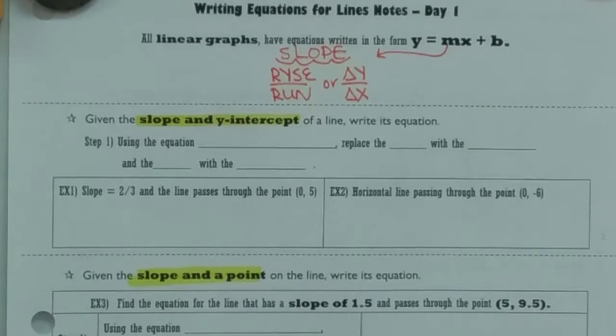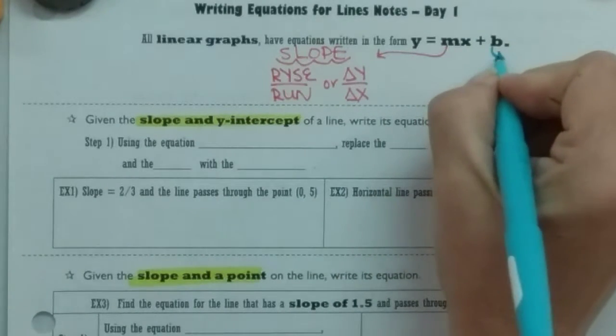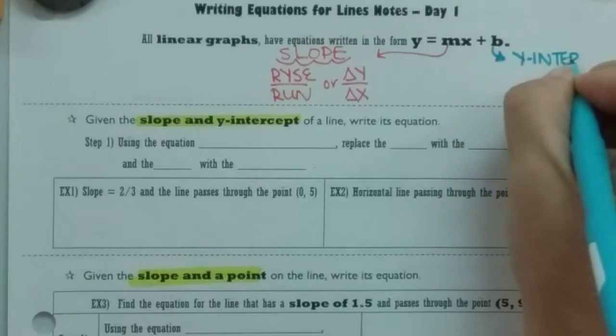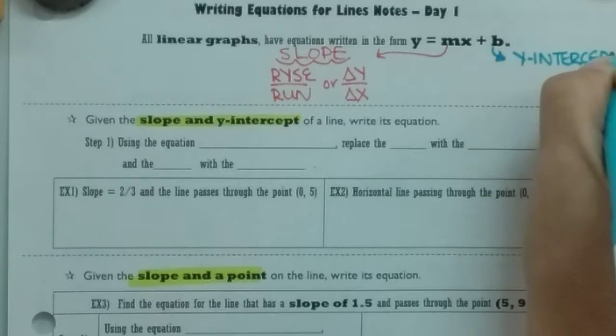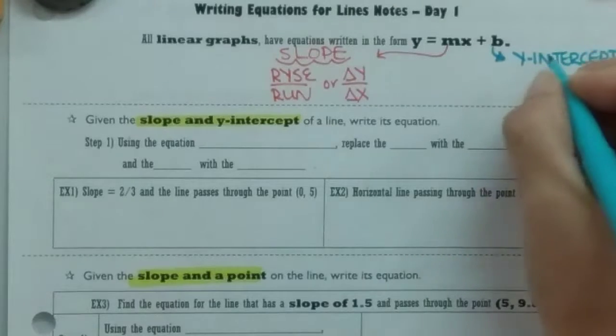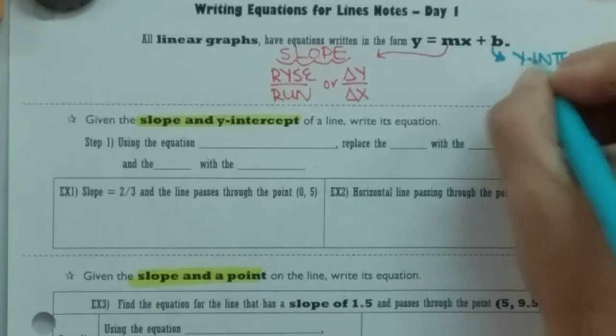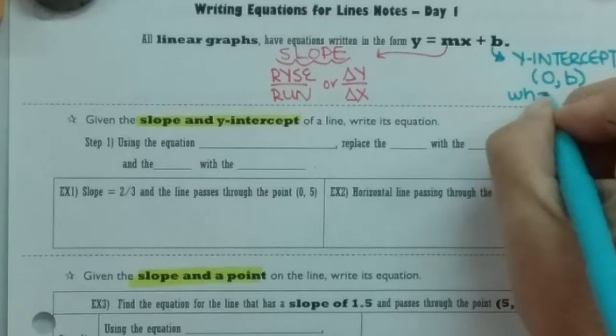And we also know that the b is the y-intercept, and we know that it's written as the point 0, comma b, and we always find it when x is equal to 0.